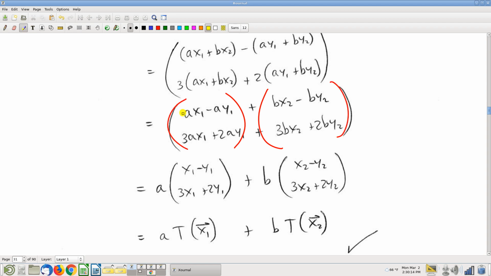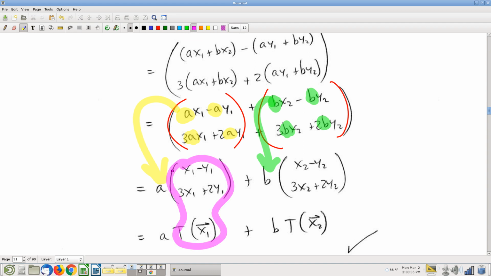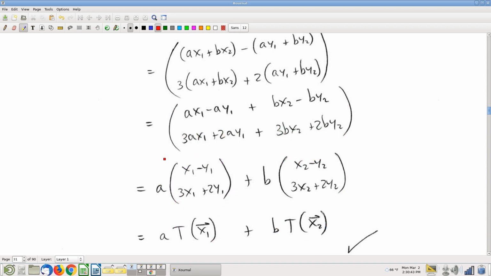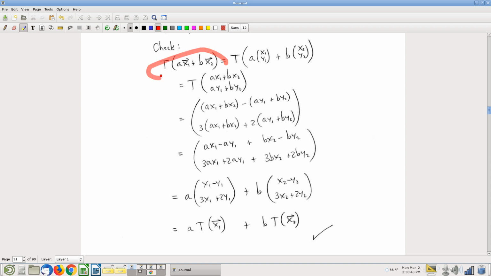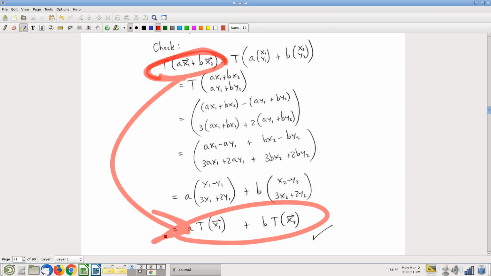Pull out the common factor of A from all of these terms. Pull out the common factor of B from all of those terms. All right? And then I realize, having done that, this is T of x1, and this is T of x2. And as required, again, all I did is multiply it all out and confirm, linear combination in gives me the required linear combination out.